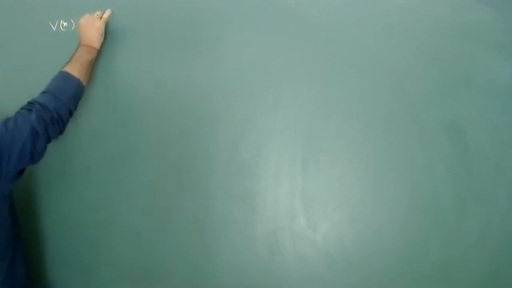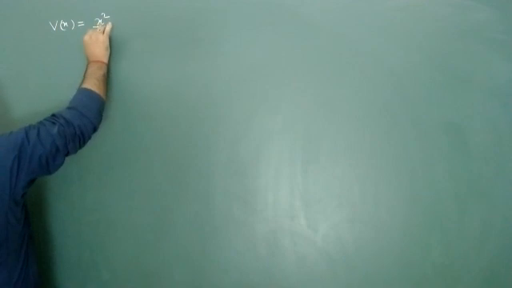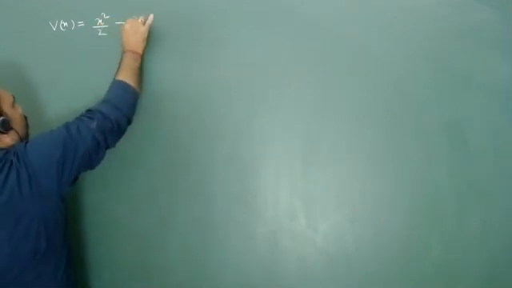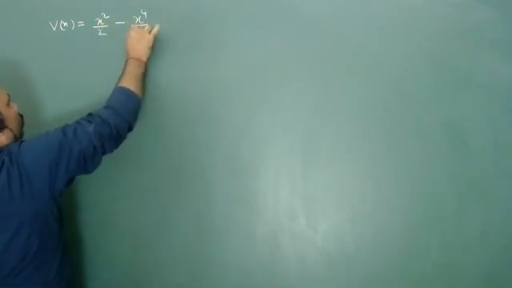Okay. So let us go for this one. This potential is V(x) equal to x square by 2 minus x to the power 4 by 4.